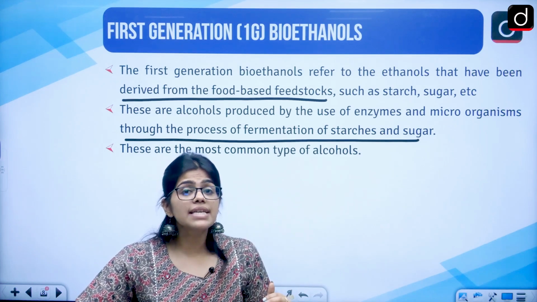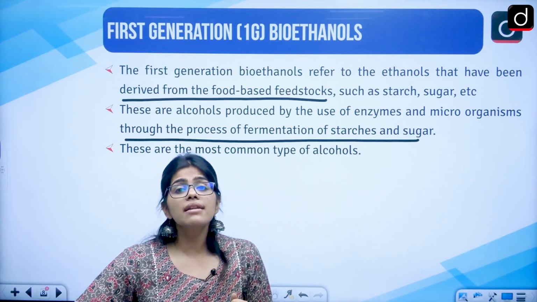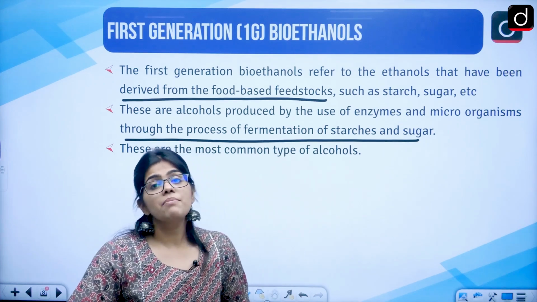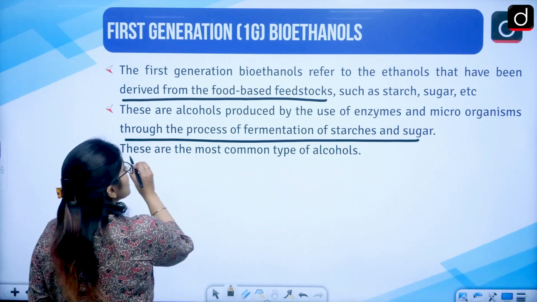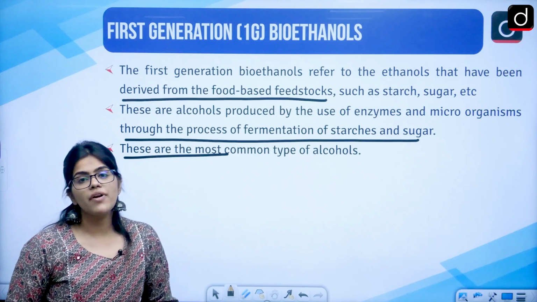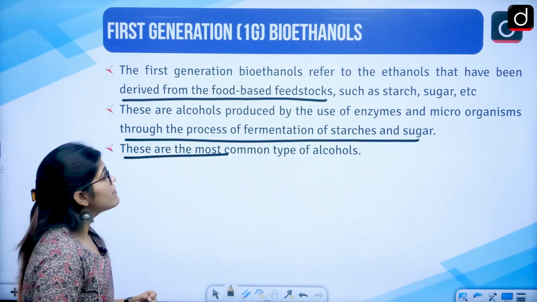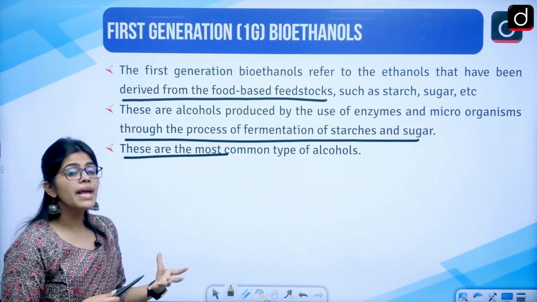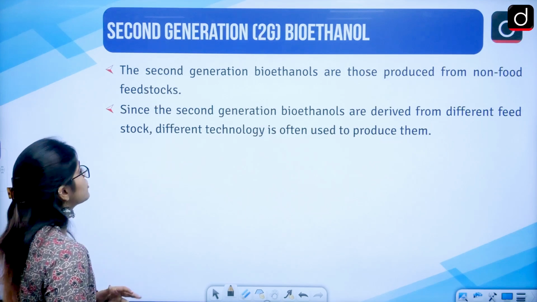But yes, if excessive use of food crops is done, then consumption can be a major problem. The demand-supply chain will be affected. These are the most common types of alcohols made by the process of fermentation. So whenever we make ethanol from food-based feedstocks, we call it first generation ethanol.